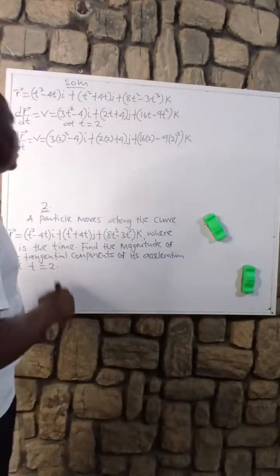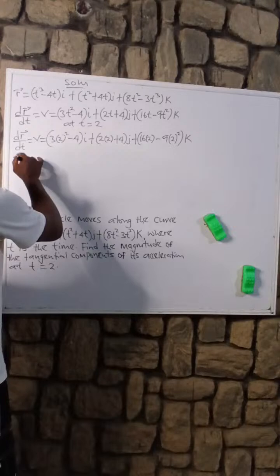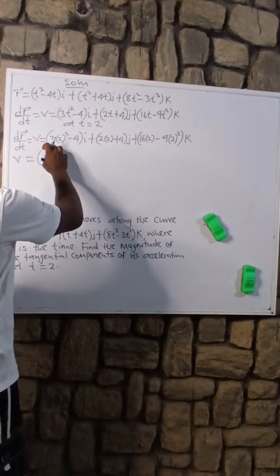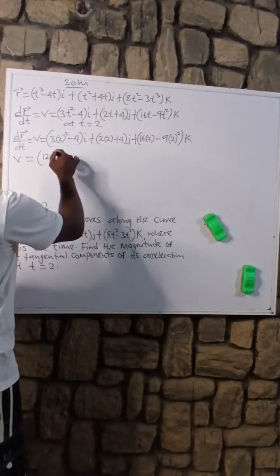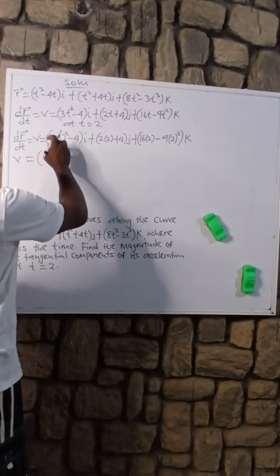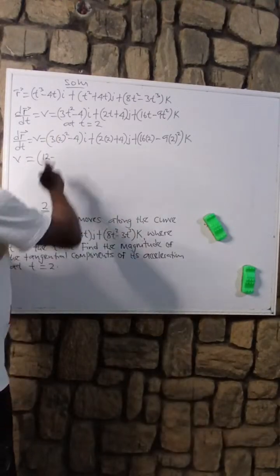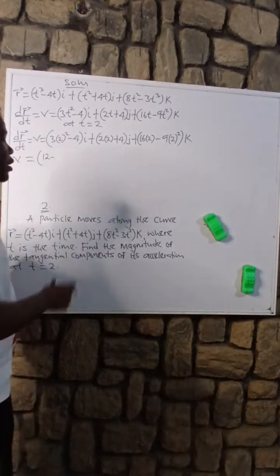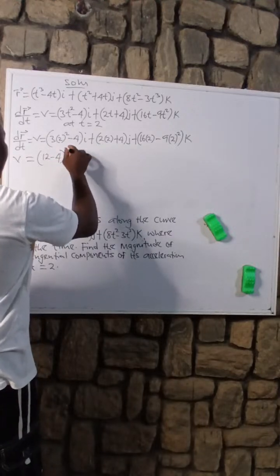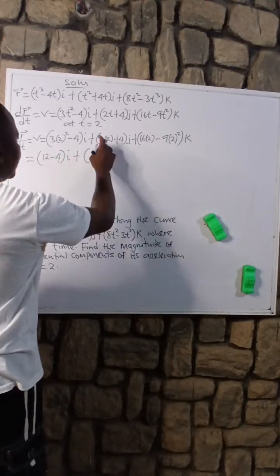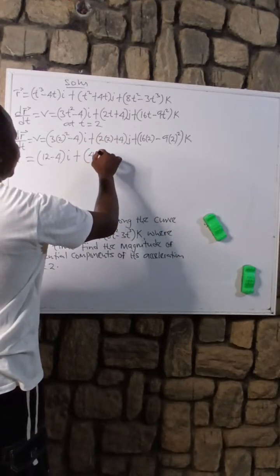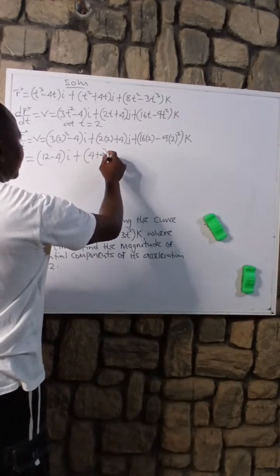True or false? So this gives us 3 times 4, because 2 squared is 4, so 12 minus 4, then i plus, 2 times 2 is 4, 4 plus 4, j.